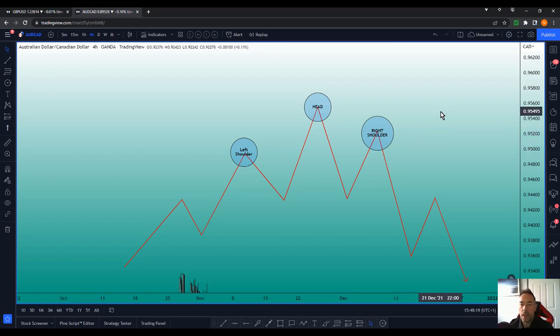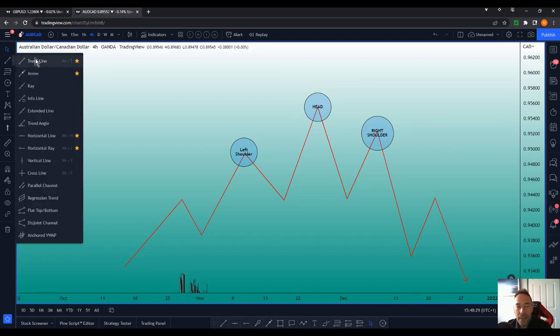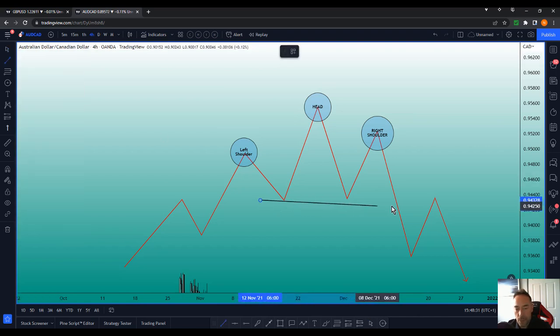There we go. Okay, and also what you would look for in a head and shoulders pattern is what's called a neckline. Okay, and that is basically support. So price makes a higher high, it moves down, finds support, it makes another higher high, moves down, finds support again at the same support zone, support area.